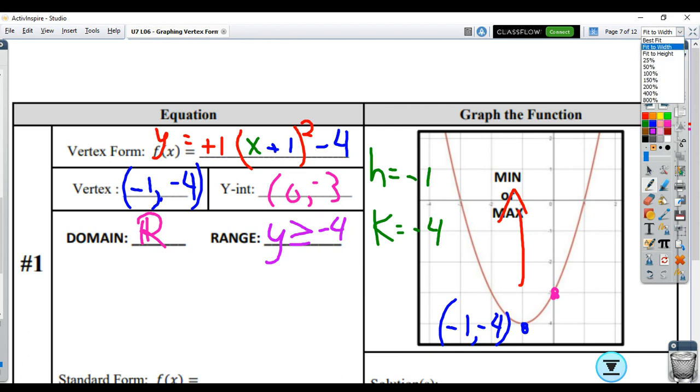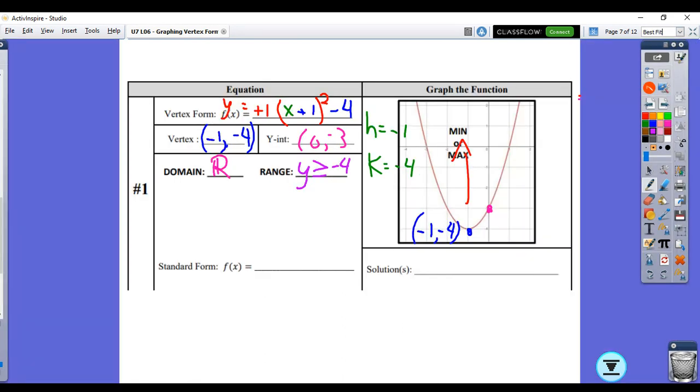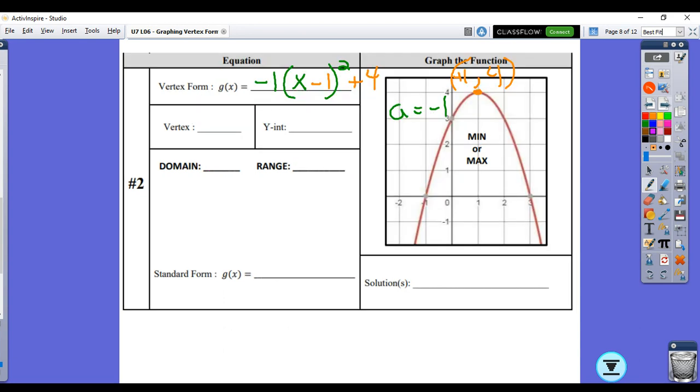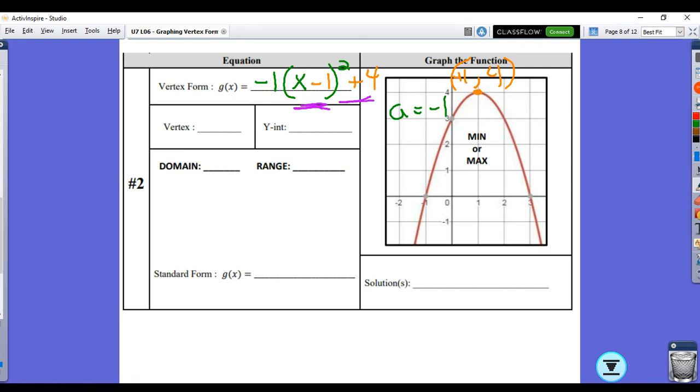So hopefully that's making sense how to go from the actual parabola to an equation in vertex form. We'll come back and look at standard form and solutions later if we need to. For this one, I'm just going to show you real quick. Notice my parabola's vertex is at +1, 4. So when I created my equation, it was -1, +4.